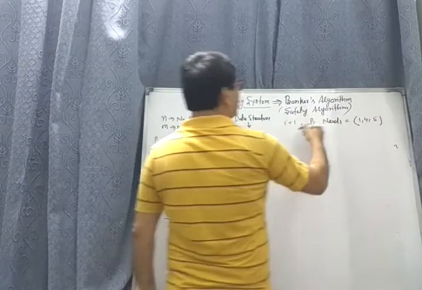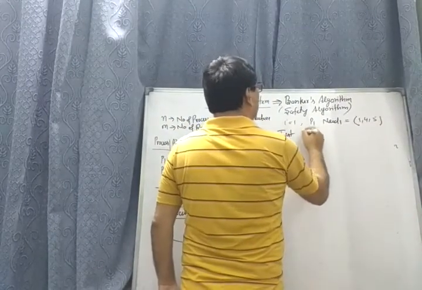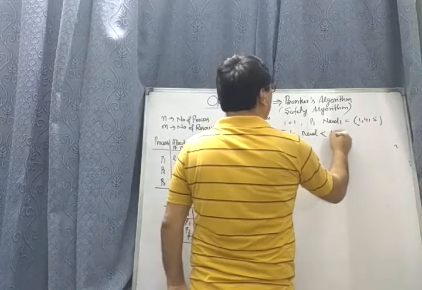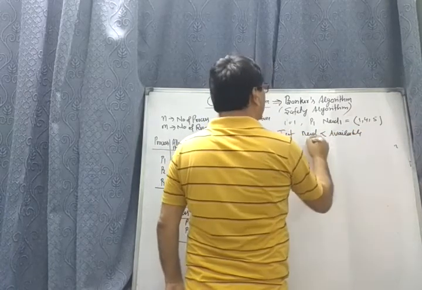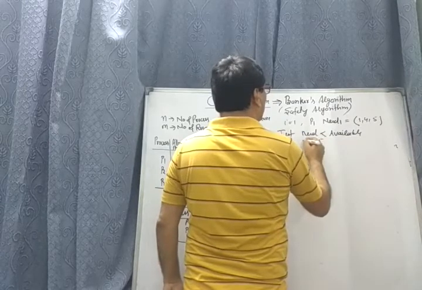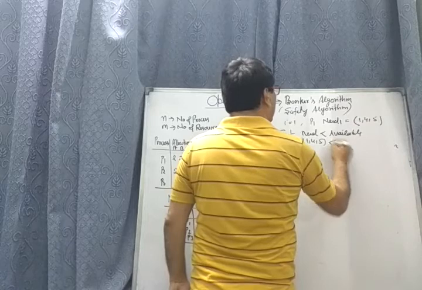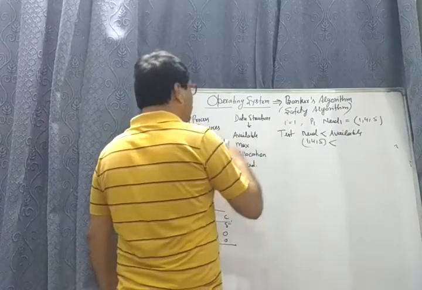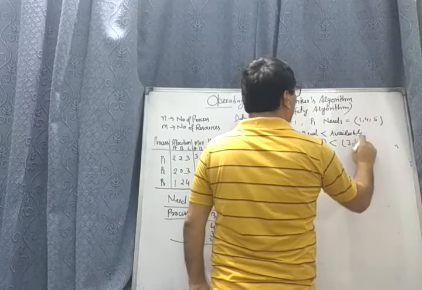And we test if need is less than available. Means here need is 1, 4, 5 and available is 3, 4, 4.